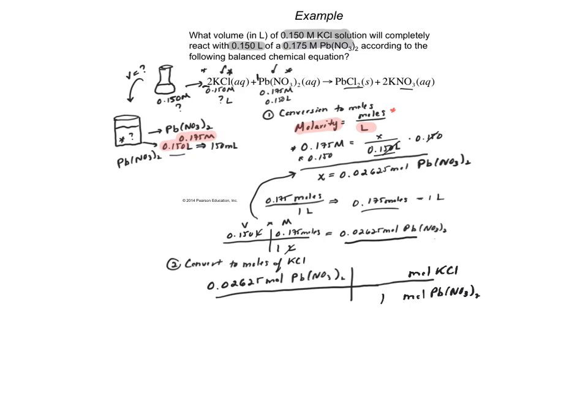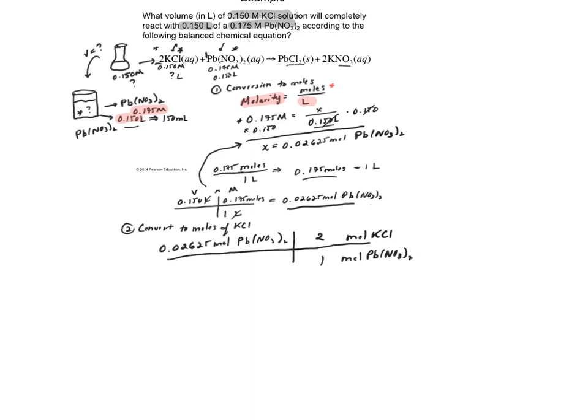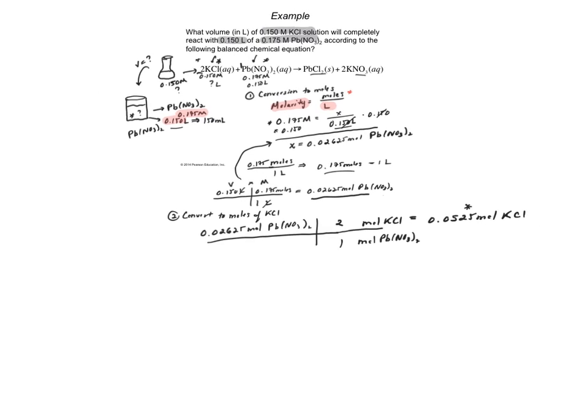So for every 1 mole of PbNO3, we need 2 moles of KCl. So essentially, we have to double the number of moles of the PbNO3. And when we do that, that gives us 0.0525 moles of KCl. So this is how much we need to completely react with the lead nitrate.